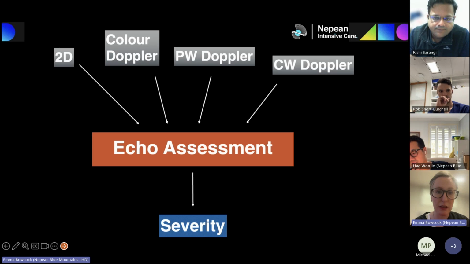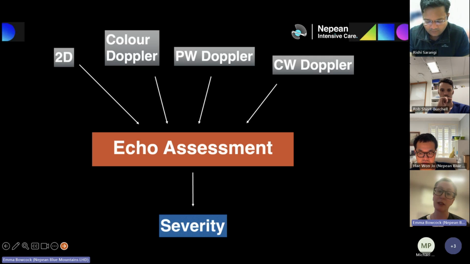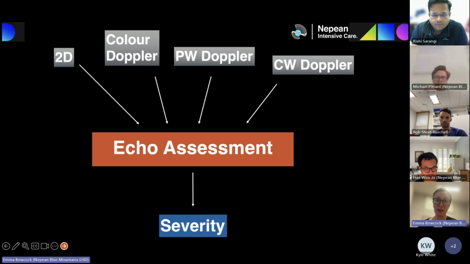So like everything, a common theme to you now with valve assessment, we like to be fairly structured and methodical with that. 2D assessment, colour assessment, and pulse and continuous wave Doppler assessment. And that, of course, gives us an echo assessment of severity.